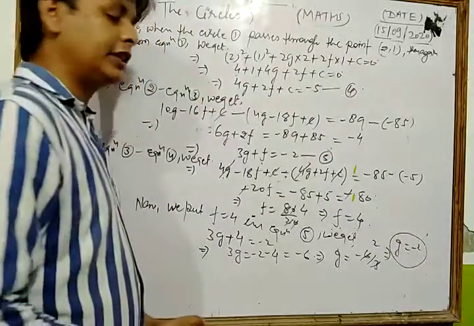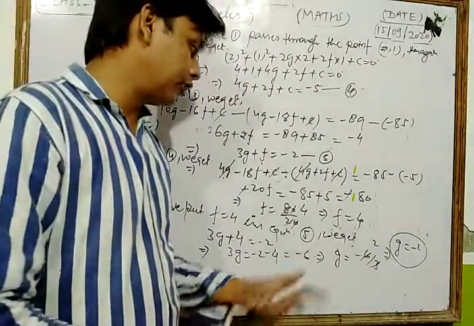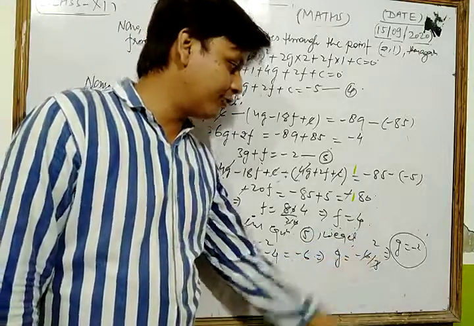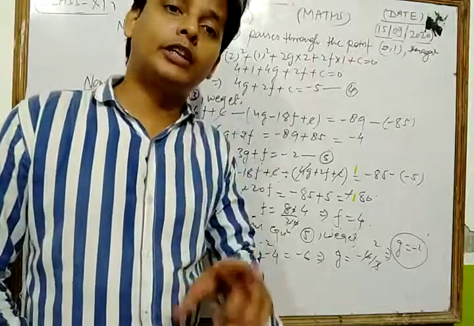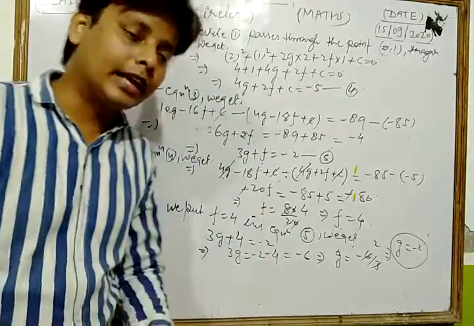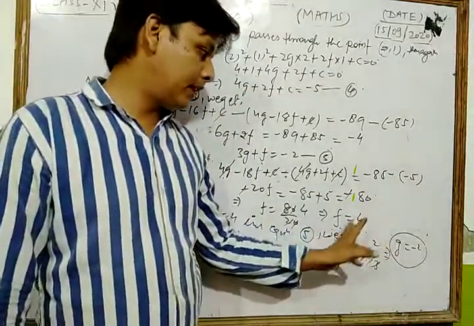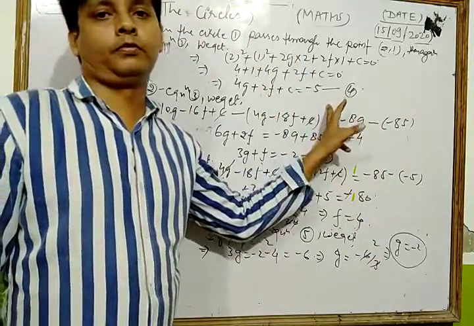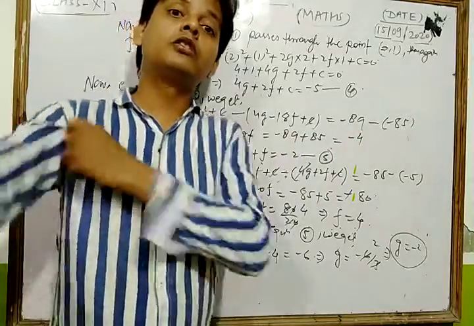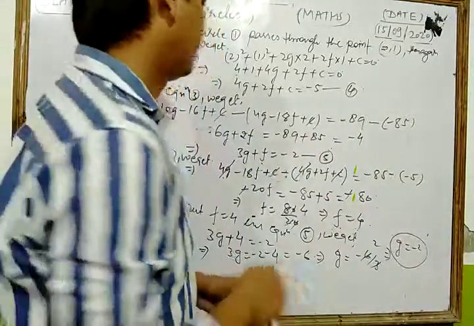Thus, dear students, in this way we get the value of f as 4 and the value of g as minus 2. Now we also find the value of c. For that we put the values of f and g in equation 4.